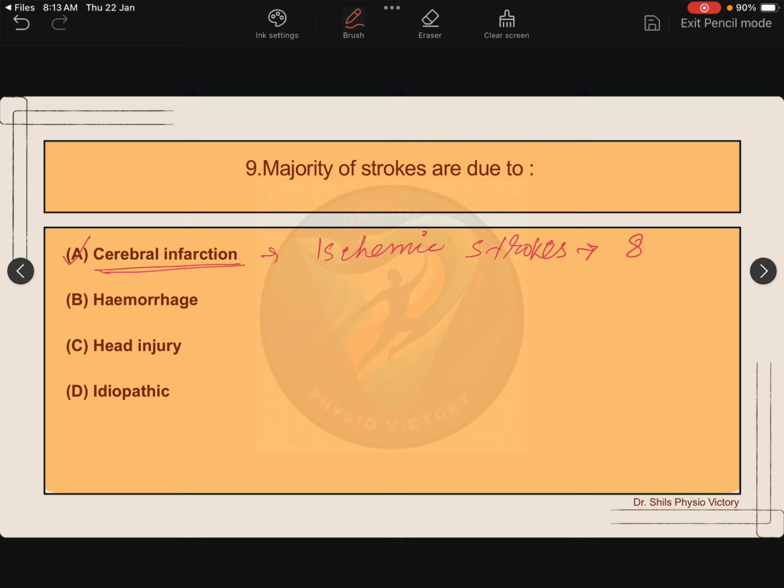It spans about 80 to 85% of all stroke, and hemorrhage is basically 15 to 20% of all stroke. Basically, cerebral infarct is caused by thrombosis, embolism, or atherosclerosis.